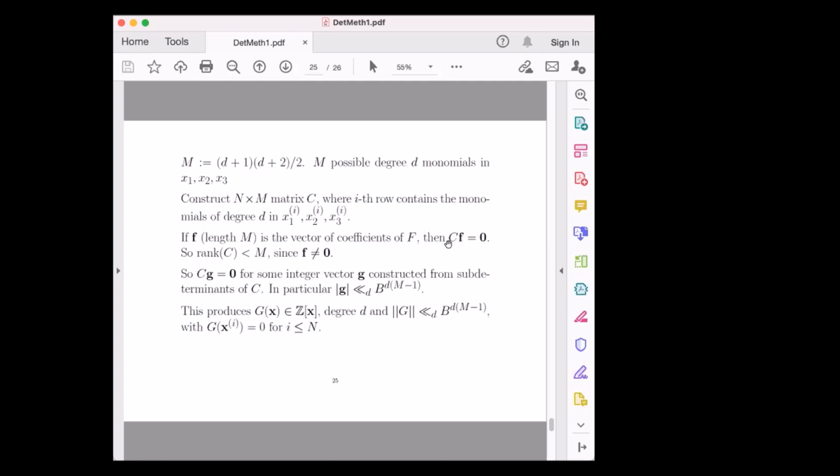So you get the various entries of this here are made from multiplying the row of monomials in xi by the vector of coefficients of capital F. So you get the various values of F of xi here. They're all 0. So CF equals 0 does have a non-trivial solution F. And in particular, that means that the rank of C is strictly less than capital M.